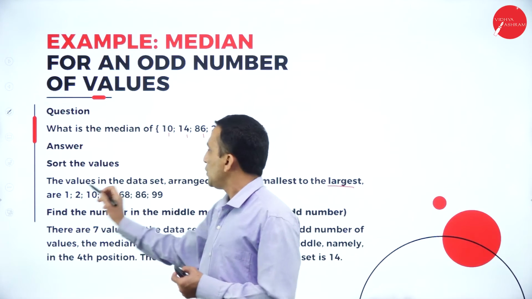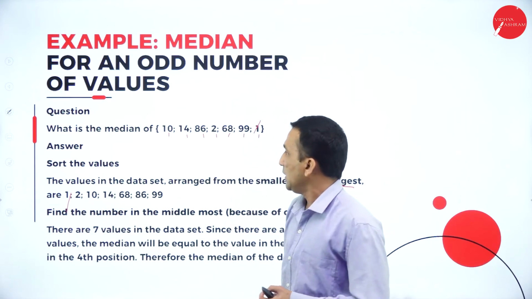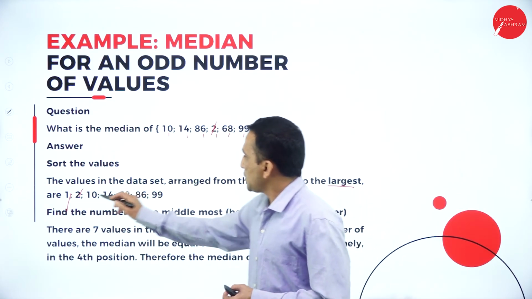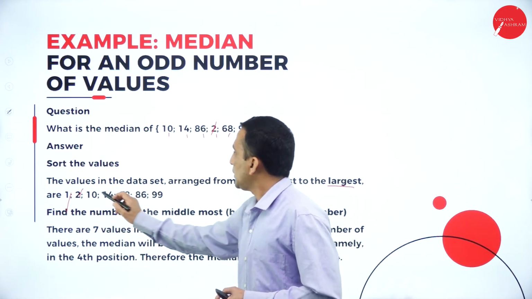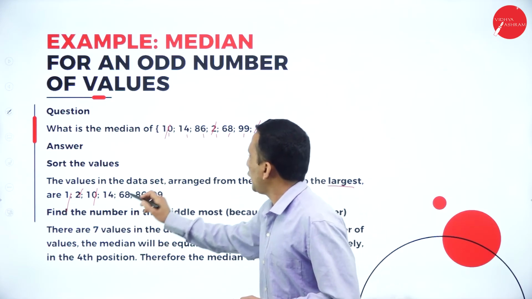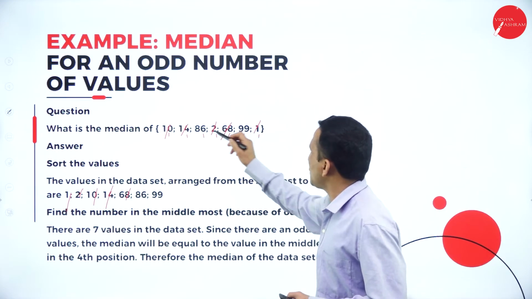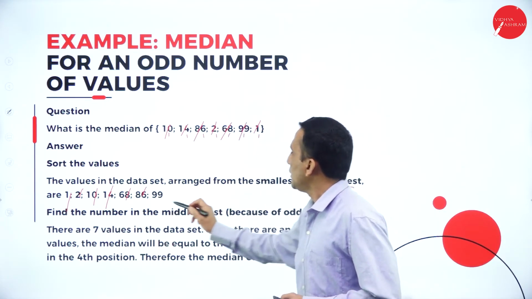First value 1, second 2, third 10, fourth 11, next 68, next 86, next 99.